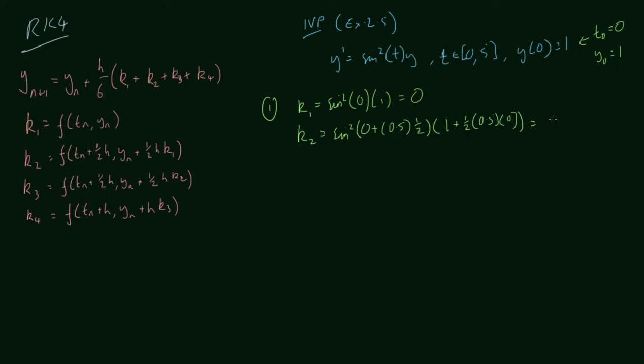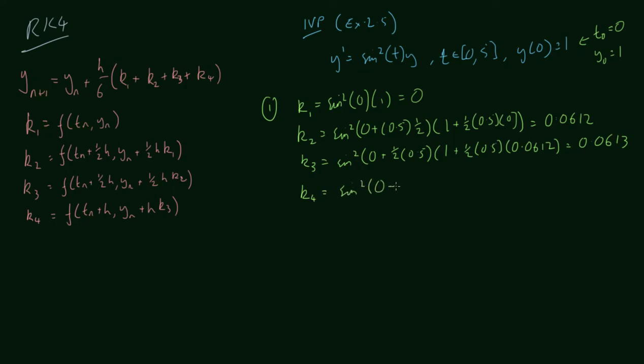If you do those, we get 0.0612. k3 is quite similar to k2, except we use k2 instead of k1. So it's 1 plus 1/2 times h times k2, and in this case this gives us 0.0613.